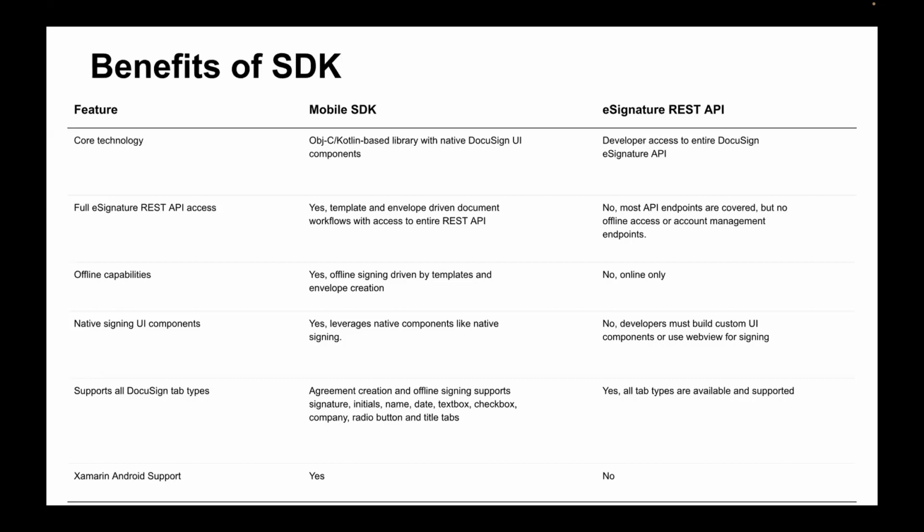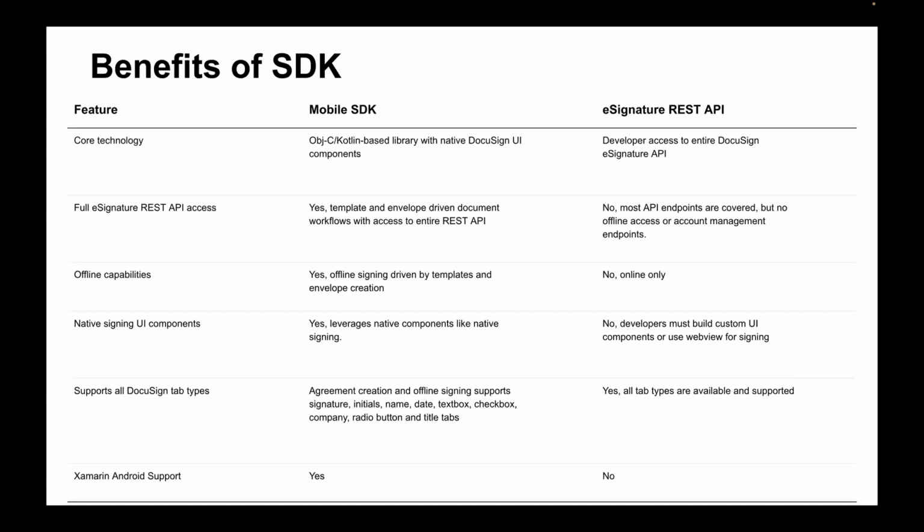Let's say there is a change in the backend, like updating or adding a new event. Those events cannot be updated in a mobile app if you implement using the eSign REST API, whereas with the SDK, we keep track of all those updates within our teams and handle all those events automatically.